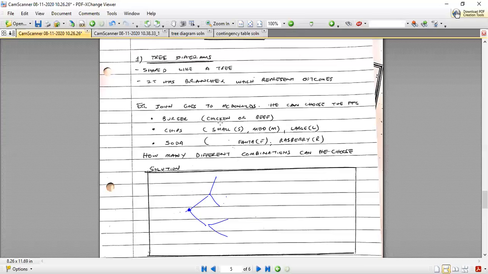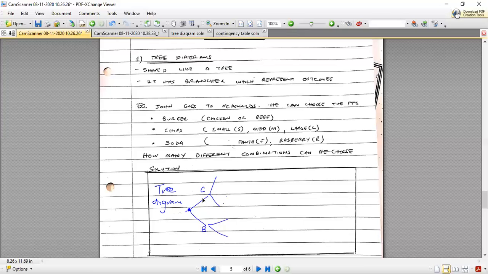But what if we decide to choose a chicken burger, a small chips, and a raspberry drink? So as you can see, it's going to be quite complex representing all those combinations. But the tree diagram would assist us in getting through that very easily. So we start at this point and we list the first two choices that he can make, which is a chicken burger or a beef burger.